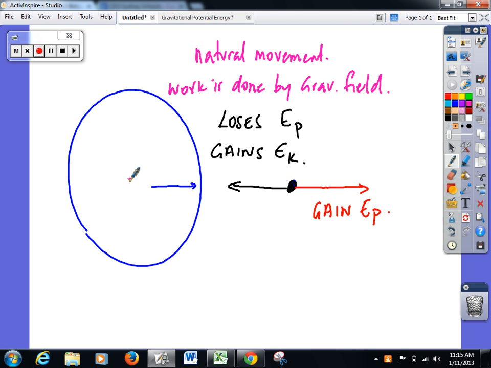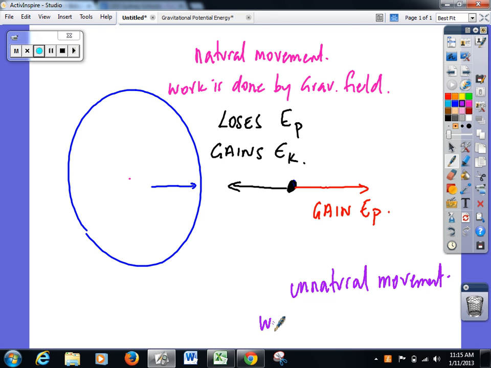Okay, now let's do the unnatural movement. Next one, come up. Now, if natural movements are done by the field, the big gravitational field of that planet, then unnatural movements are done by an external agent.